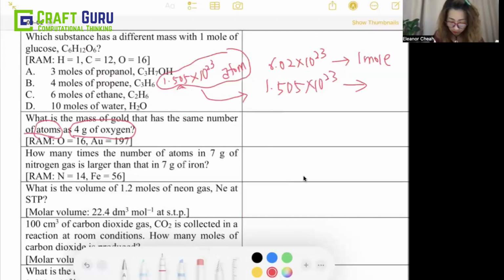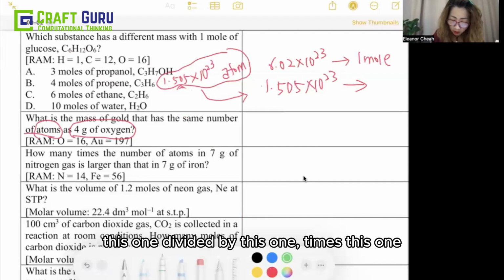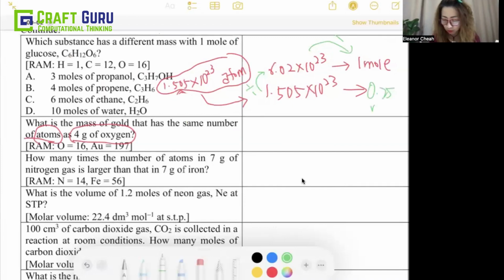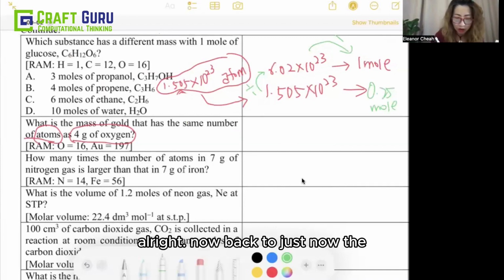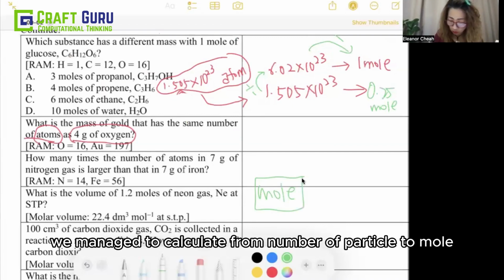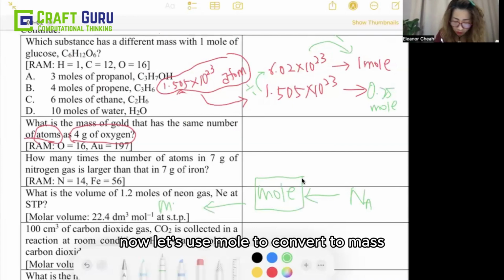We do this one divided by this one times this one. So just use the calculator, 1.505 divided by 6.02. It is 0.25 mole. All right, so back to the middleman. We managed to calculate from number of particles to mole. Now let's use mole to convert to mass.